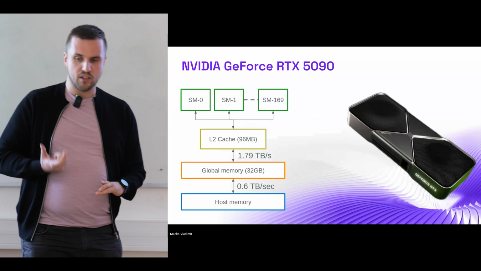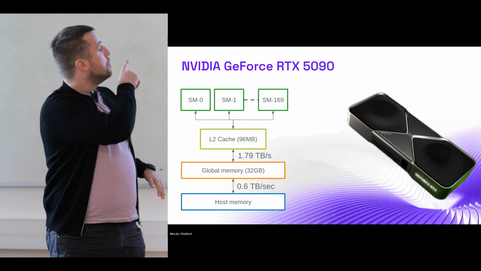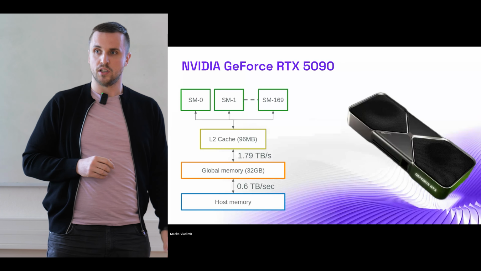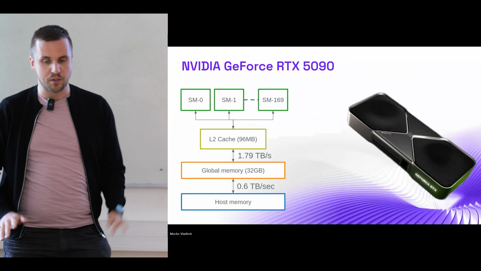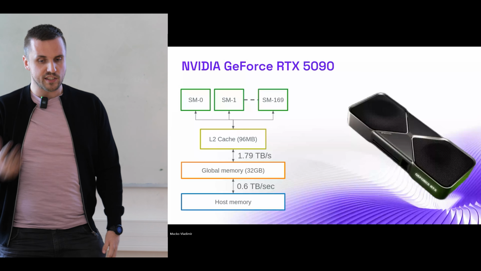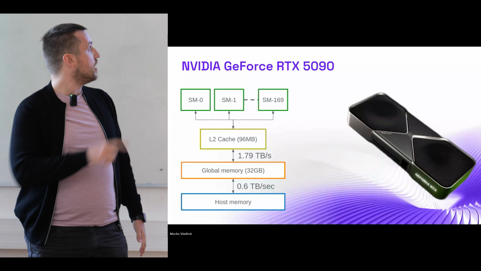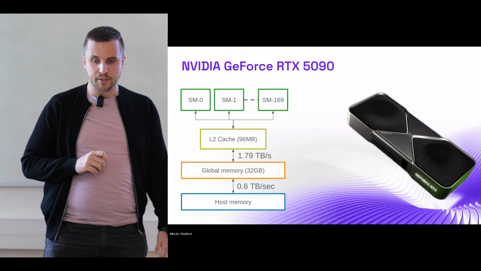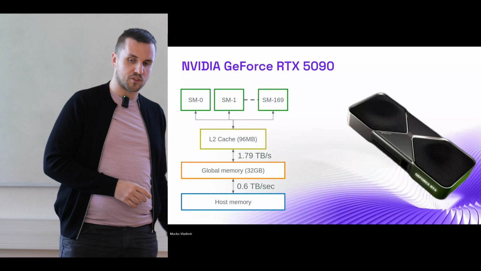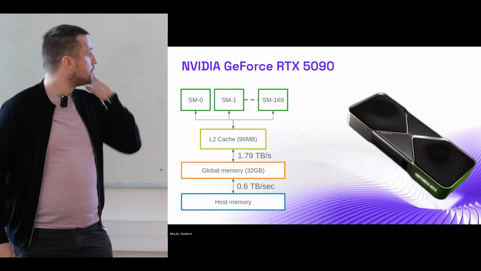So the computation on GPU is done by 170 SMs, or streaming multiprocessors. You can imagine it as cores of CPU, but I will get to details slightly later. These SMs are connected to L2 cache that is relatively small and has only 69 megabytes. That L2 cache is connected to global memory, which is much larger and has 32 gigabytes.